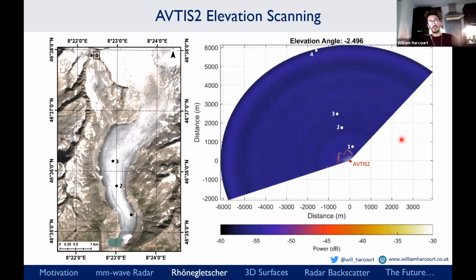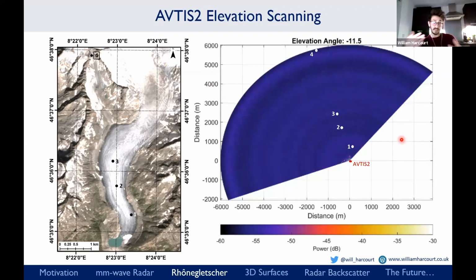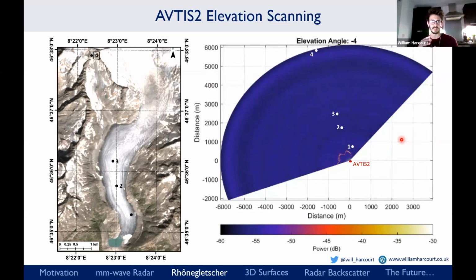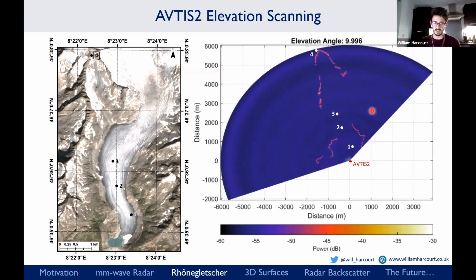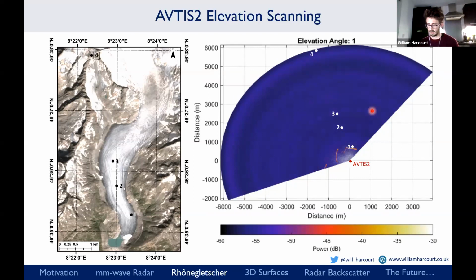As we scan upwards through the scene, we start to see these bright bands appear in the data at each elevation angle. And this is just backscatter from the scene. I guess the best way to understand what this means is that they're basically like topographic contours on a map. So it's really cool data to see. And because they're similar to topographic contours, it suggests that we can build up digital elevation models.